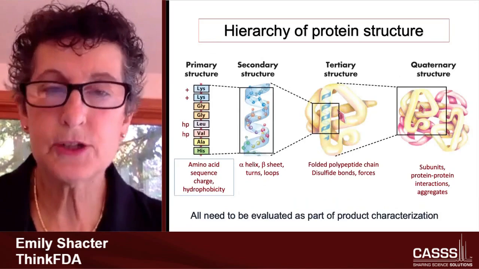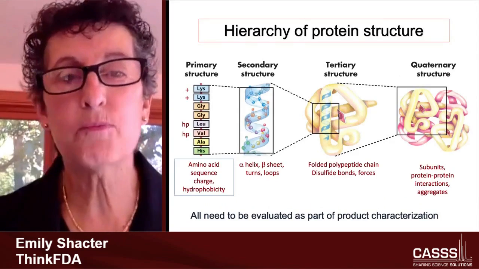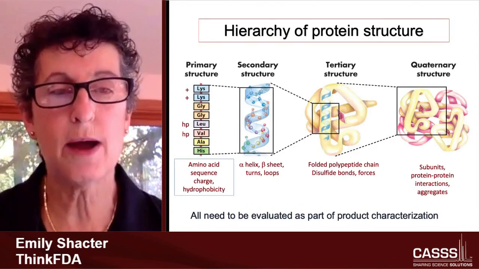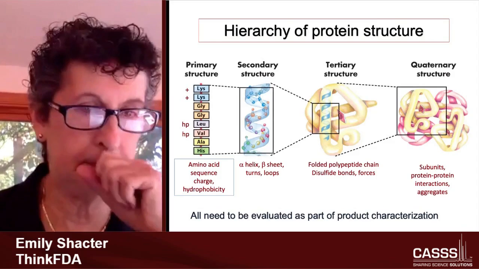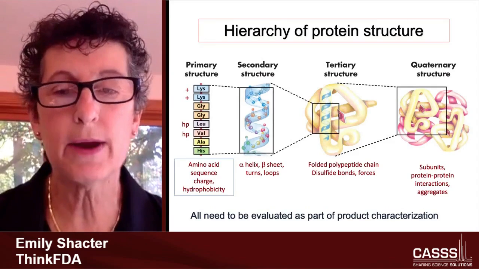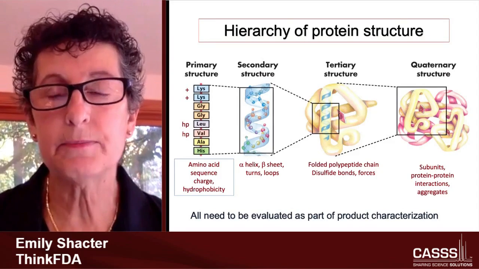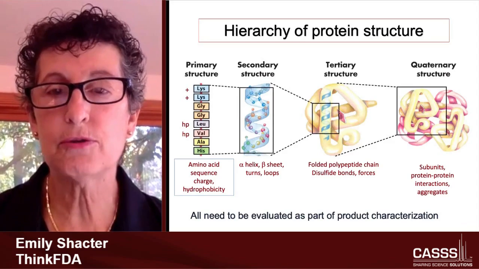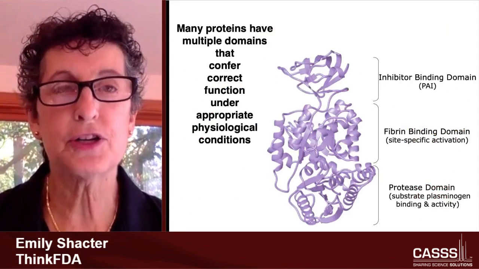Very quickly, let's go through the basic hierarchy of protein structure, as you all know so well. Primary structure, secondary, tertiary, and quaternary all need to be evaluated as part of the evaluation of protein structure and function.